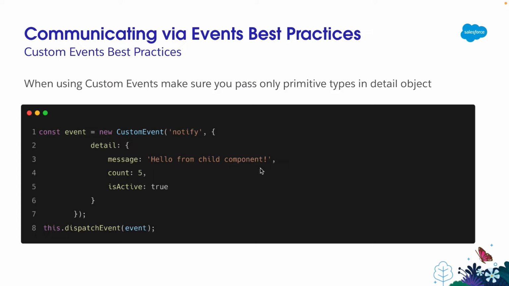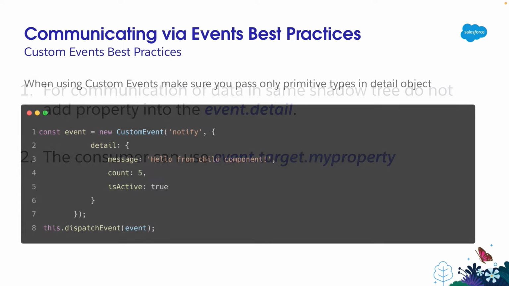In this example, the custom event has a detail property. Make sure that within that you're using only primitive data types and not objects. That's because primitive data types are immutable, so their state cannot be easily changed when they are passed around. So it makes state management easy.